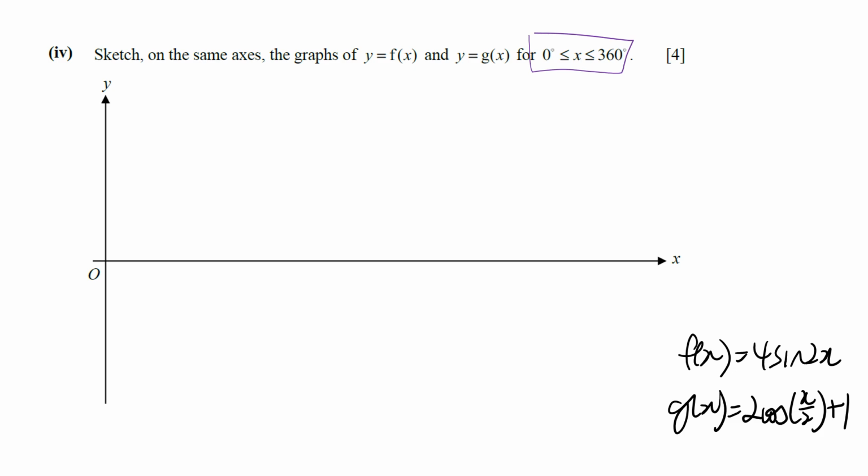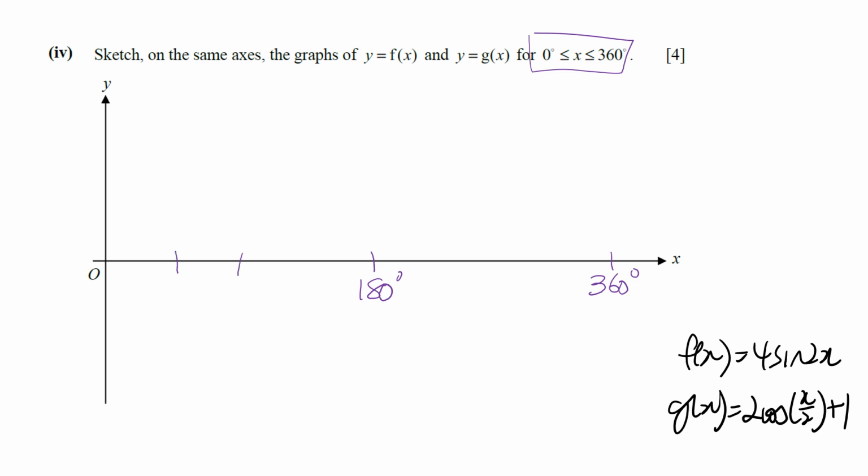We're supposed to sketch between 0 and 360, so I think we can just divide it like that. And again divide into 4 quadrants, because one cycle is 4 quadrants.